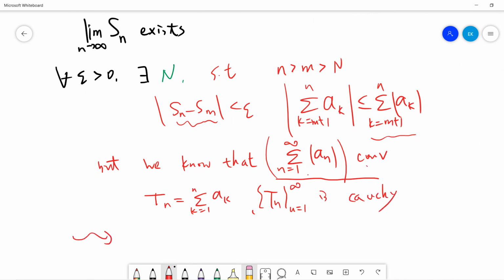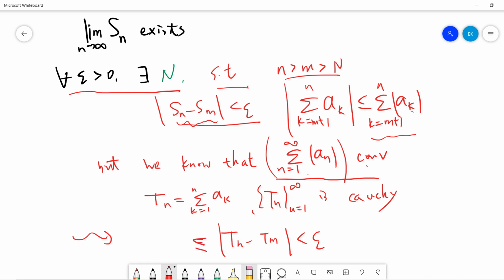So for epsilon greater than 0, we want to find this N. We know that there already exists some N such that for n greater than m greater than N, Tn minus Tm is less than epsilon, because this sequence is Cauchy. But this guy is just this, so this guy is greater than or equal to Sn minus Sm.